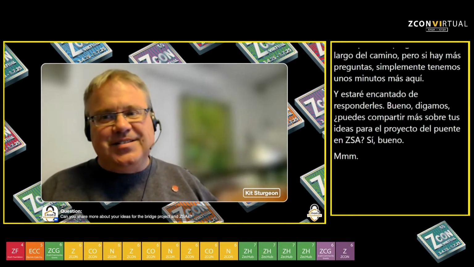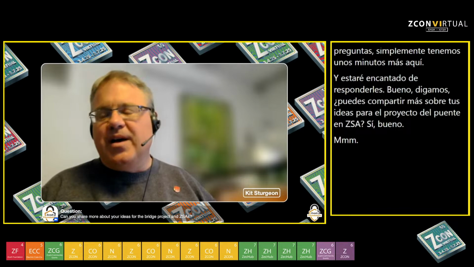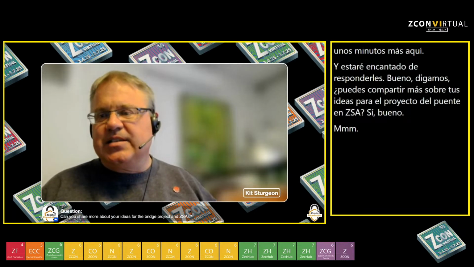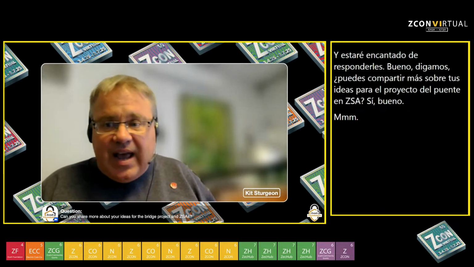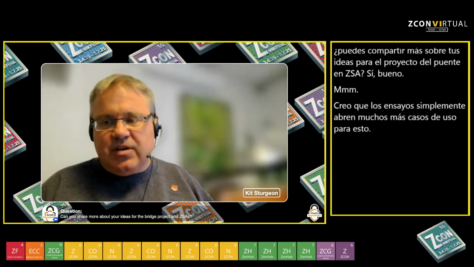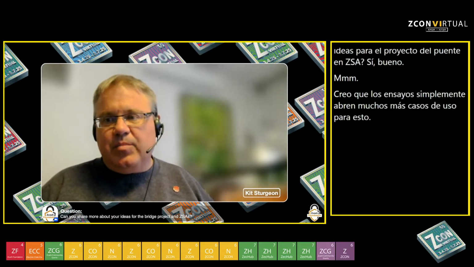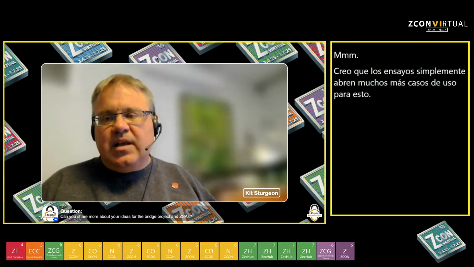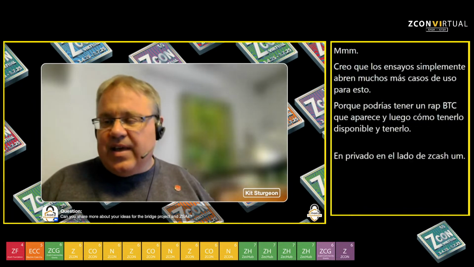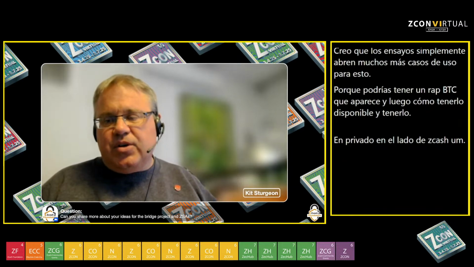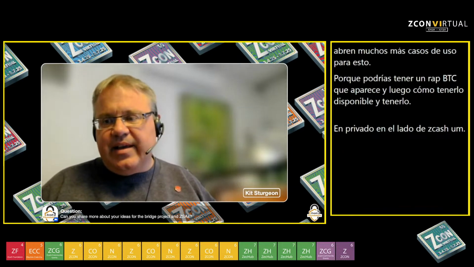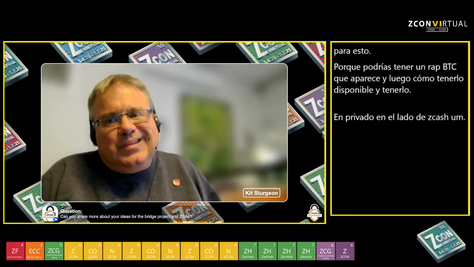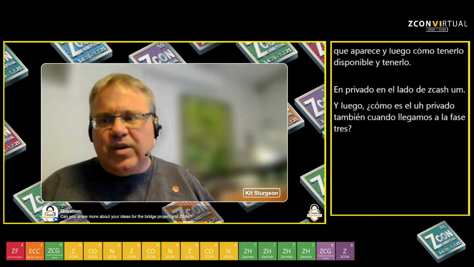I think ZSAs open up many more use cases for this, because you could have a wrapped BTC that comes across and have that available and private on the Zcash side, and then have that private also when we get to phase 3 on the Avalanche side. That's really cool, and that's just one example.